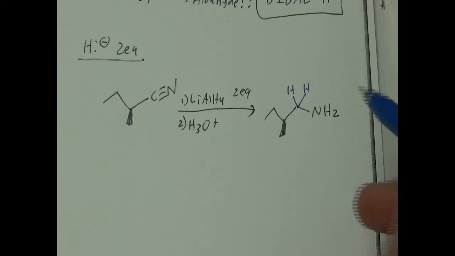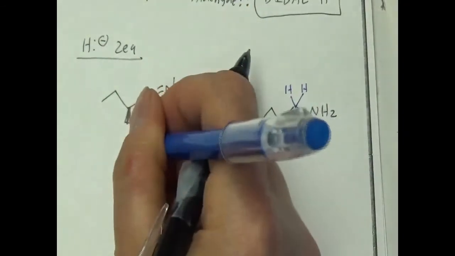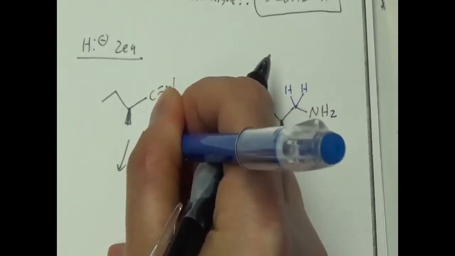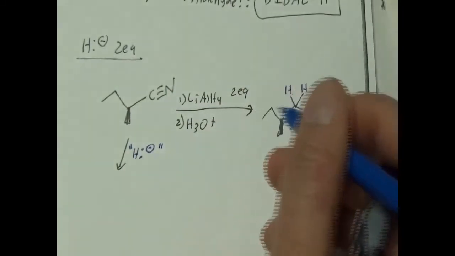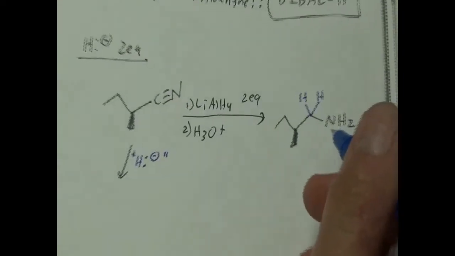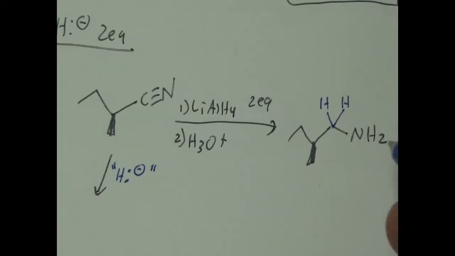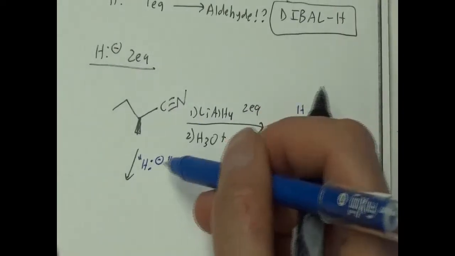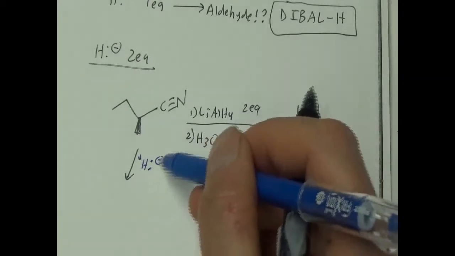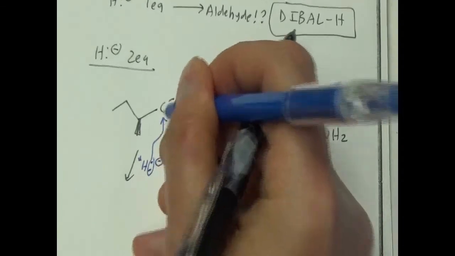So how does this work? This is old news. You've learned this before, when you learned about nitriles a little bit earlier in the course. Lithium aluminum hydride is basically H:⁻. So we circle a lone pair, attack.